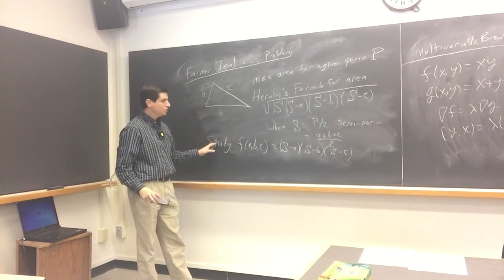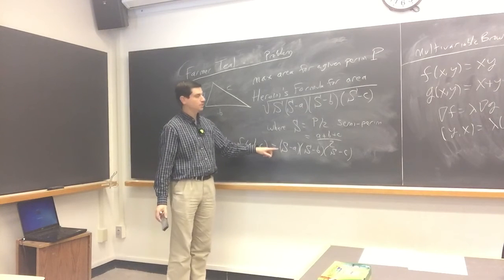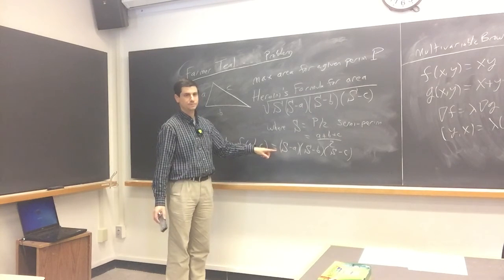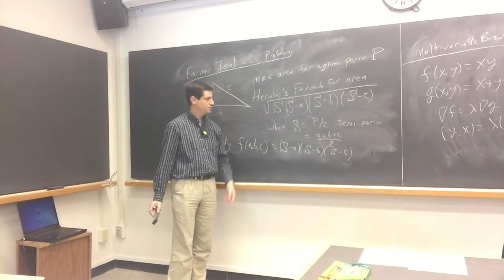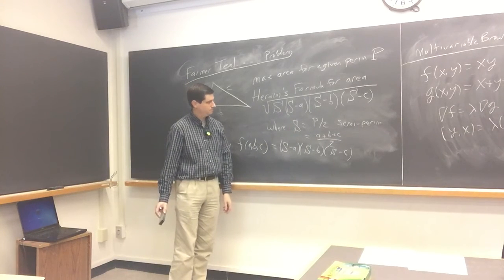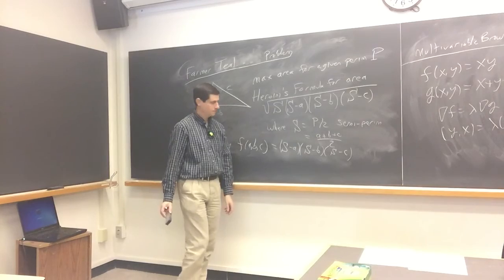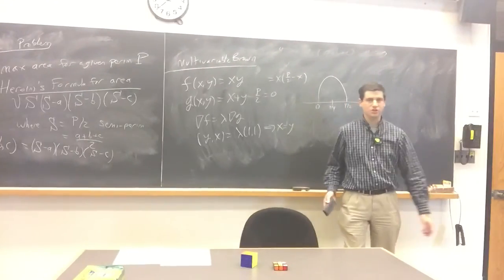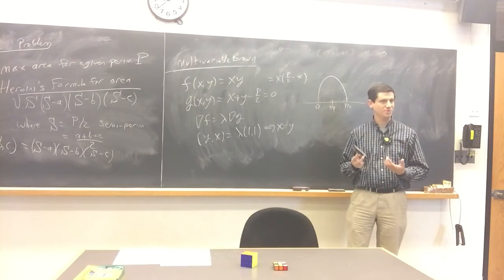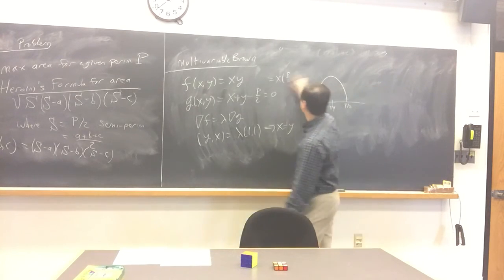So if we study this, we could try to do it with Lagrange multipliers. We've got our constraint, a plus b plus c equals 2s. Okay. So we're now clear. We've got the problem. There's almost surely a way to do this using arithmetic mean, geometric mean, or we would not be discussing it today.